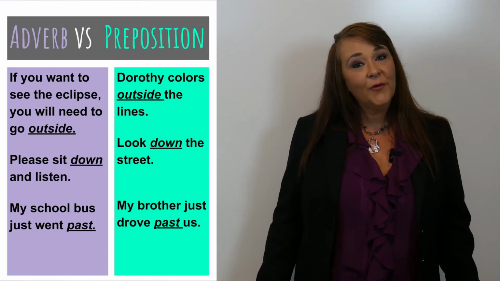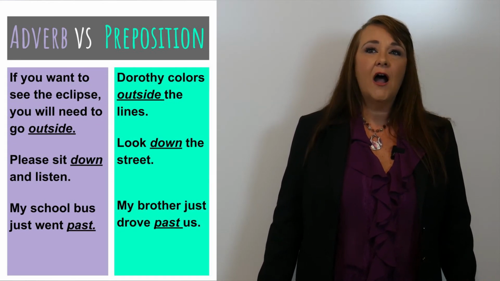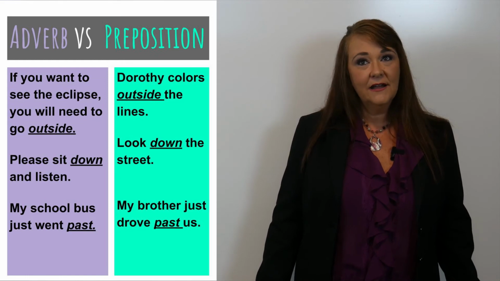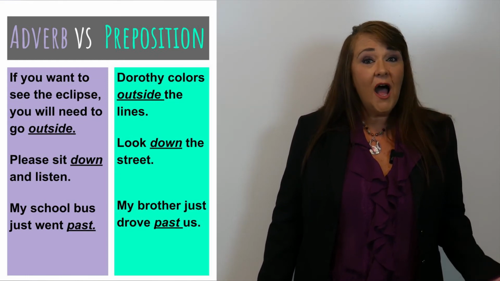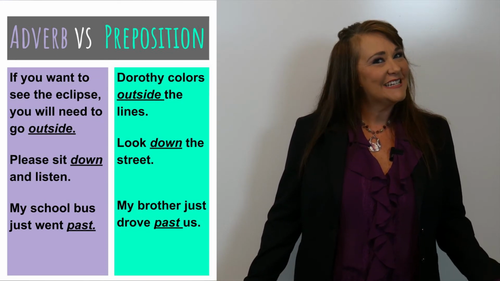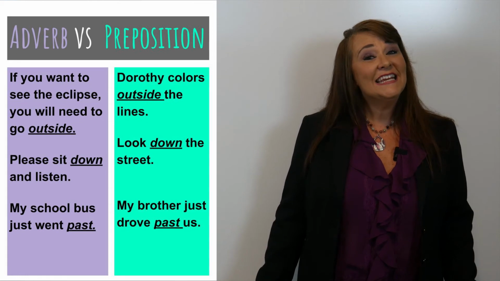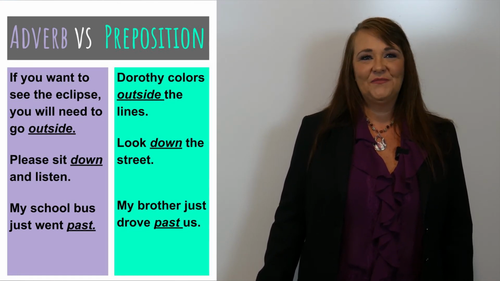Look down the street. Street is the object and it answers the question what about the word down. Look down the what? The street. Street is the object. So in this case, down is a preposition.